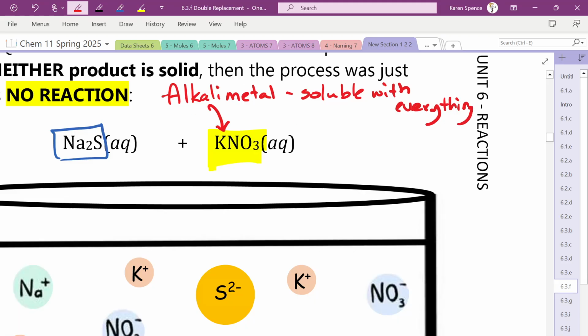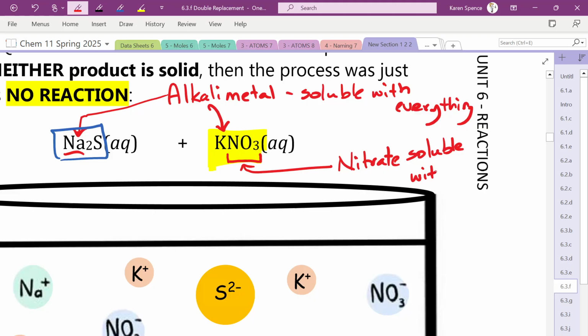In fact, over here, Na is also an alkali metal, so it's soluble with everything. NO3, nitrate, is also soluble with, and I don't have room to write everything, so I'm just going to write all, okay? So nitrate soluble with all, potassium soluble with all, so it's still aqueous.